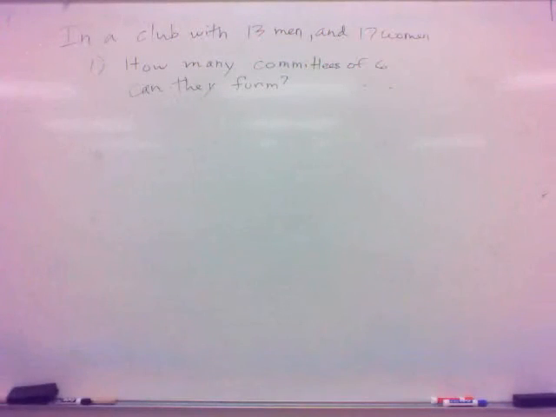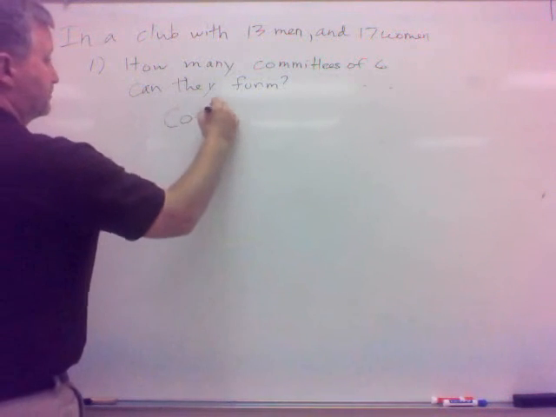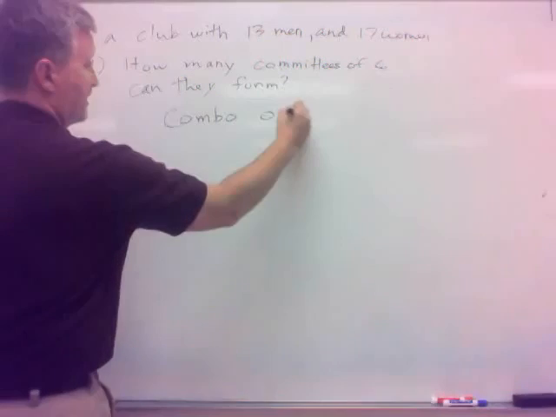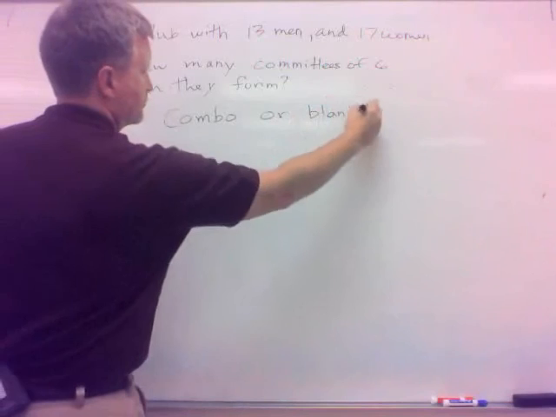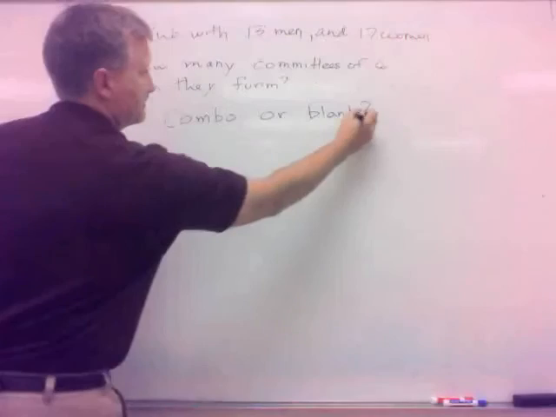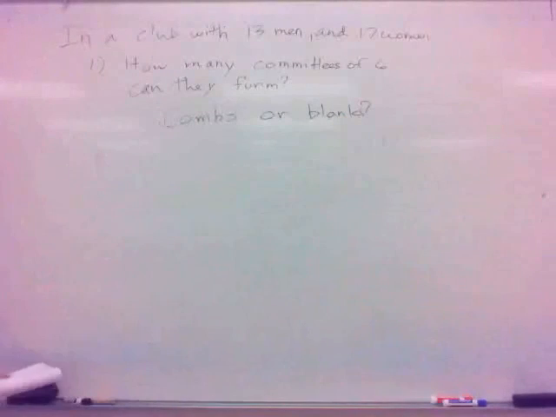Now, what I'd like to do here is tell you there's a question you have to ask. Before, it was just all blanks all the time. But if it's a combination, we can't use the blanks. So the question becomes, when we come to a problem now, is it a combination or is it blanks? Because if it's a combination, I've got to use combination.